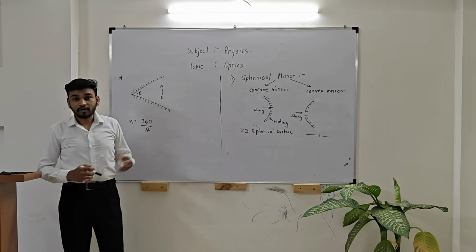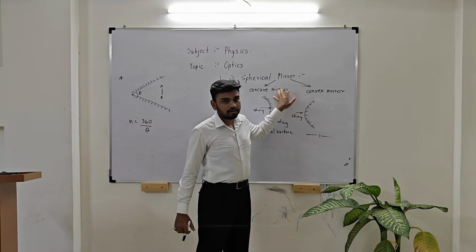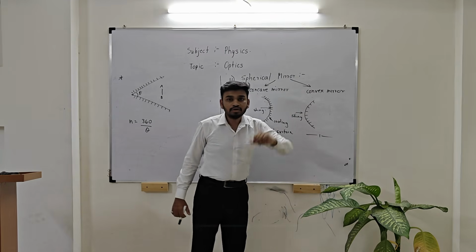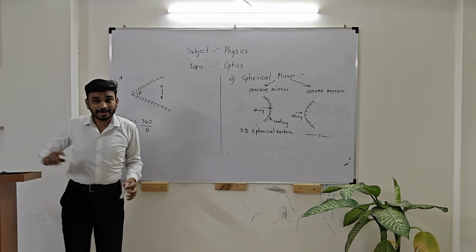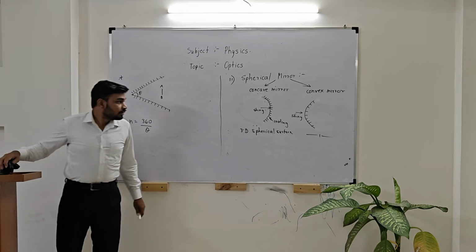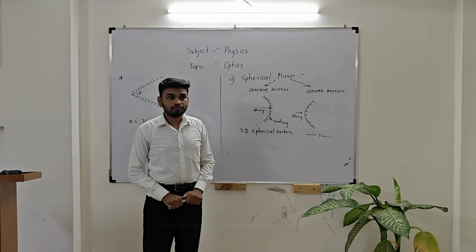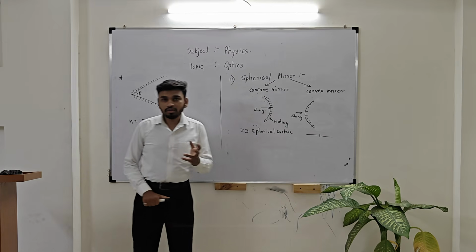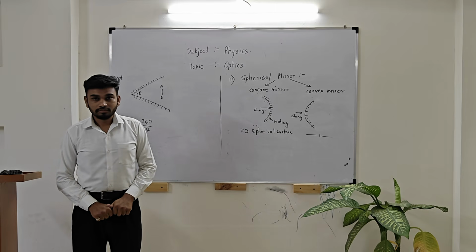Does anyone have a doubt? These are the two mirrors that we are going to study in depth further with respect to reflection. To study these two mirrors, we first have to learn about the rules of image formation.